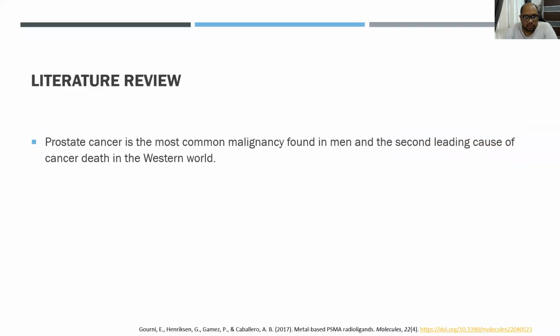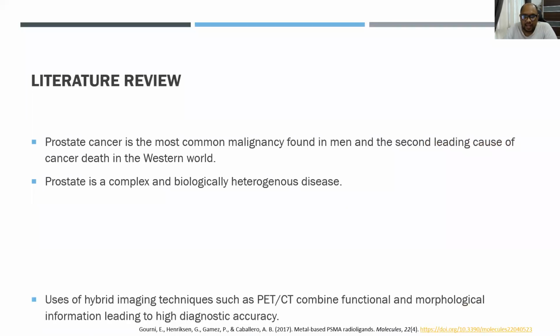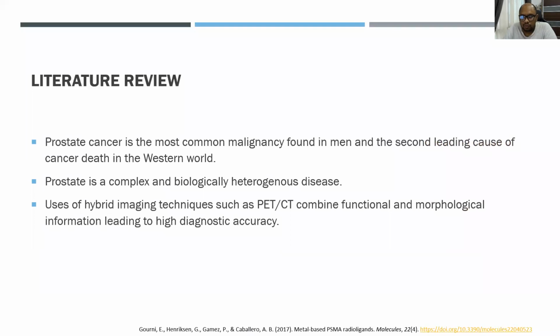All right, what is prostate cancer? Prostate cancer is one of the most common metastasized cancers in men. As stated in the slide, it is one of the most common malignancies in men and has the highest cancer death among men. This cancer is derived from the prostate gland, which is a complex and heterogeneous disease.